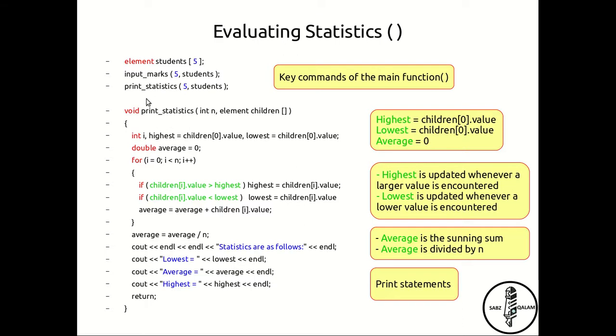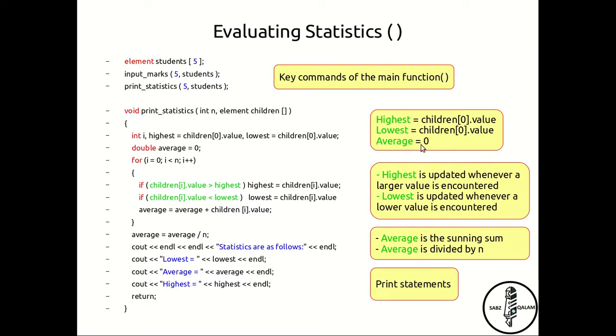This is the name of the function, then the size of the array n, and the array is of the type element, which is a structure. So it is an array of structures. Print statistics calculates the highest marks, the lowest marks, and the average. Now these are the initializations. Initially, I assign highest to be the 0th value, the lowest to be the 0th value, and average to be 0.